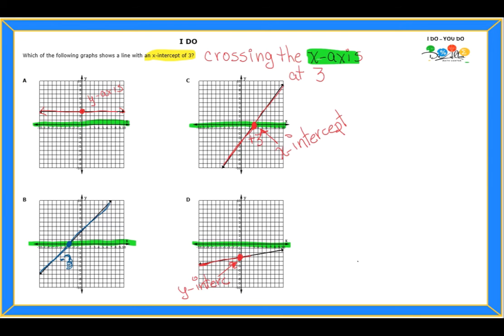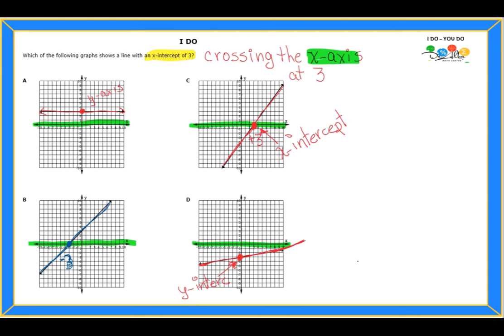So keep on going, and I don't see it crossing the x. So I have a problem, right? If I was to continue, where would that line cross? Well, that's not really a concern, because I do know the x-intercept that I'm looking for: 3.